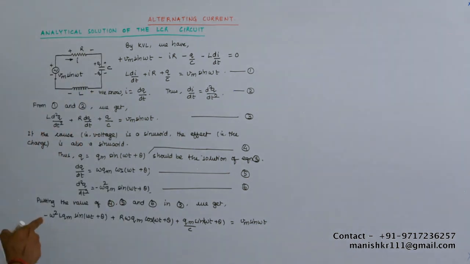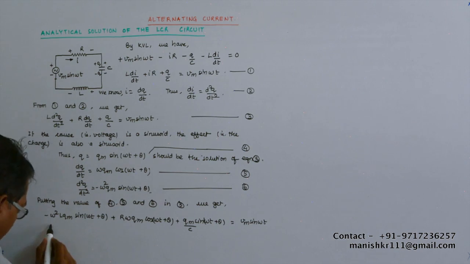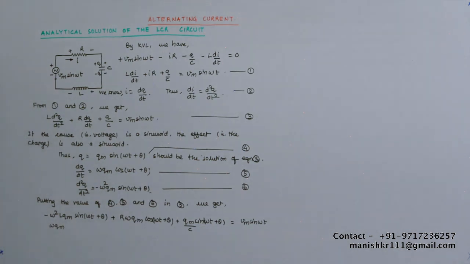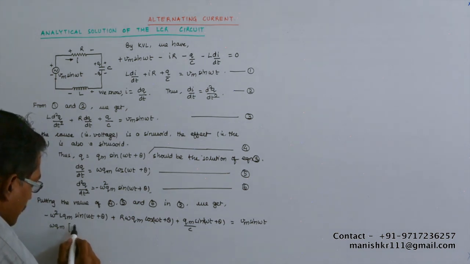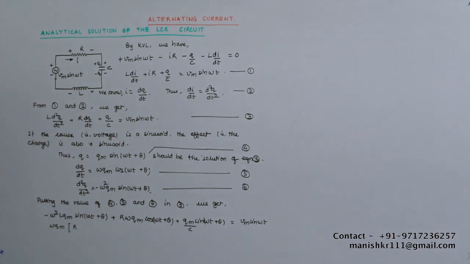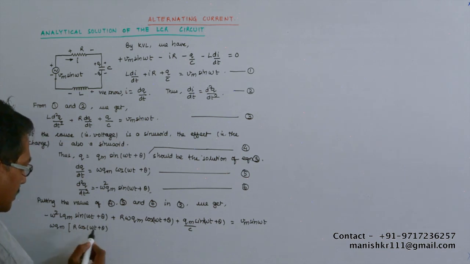Now what I do, I try to take out omega qm from here. Okay. So it becomes omega qm, fine, omega qm into r cos omega t plus theta.